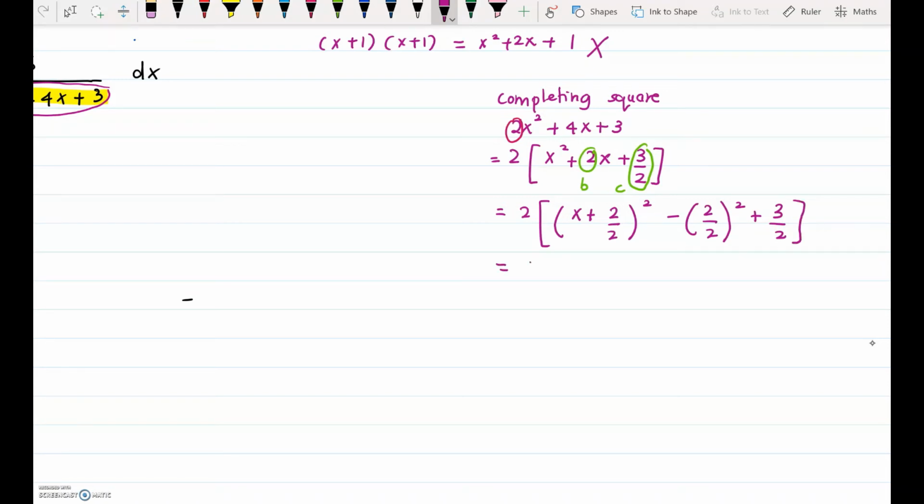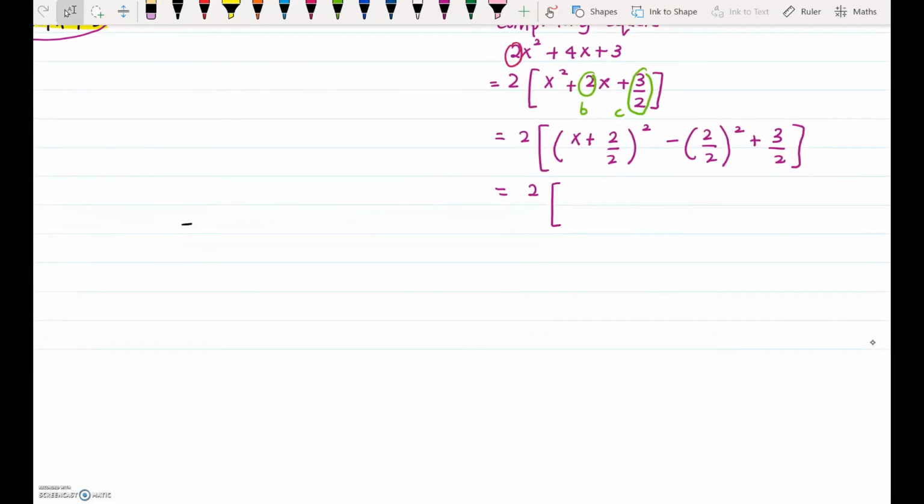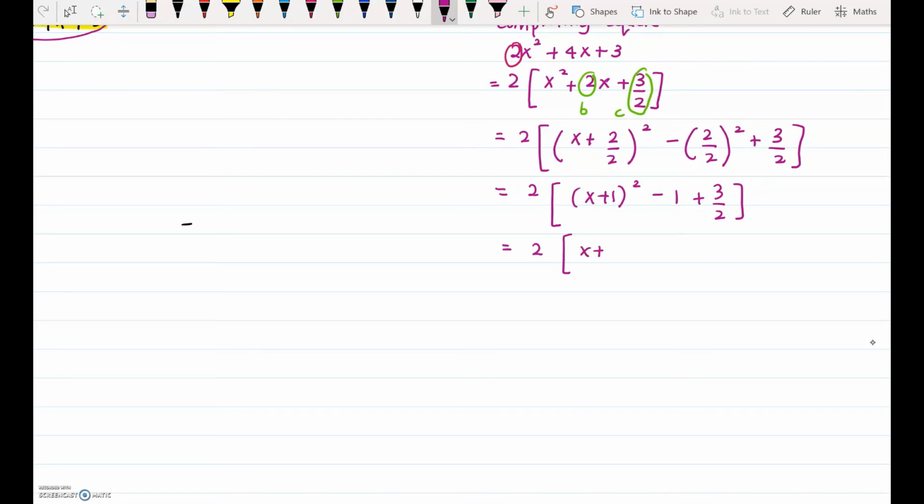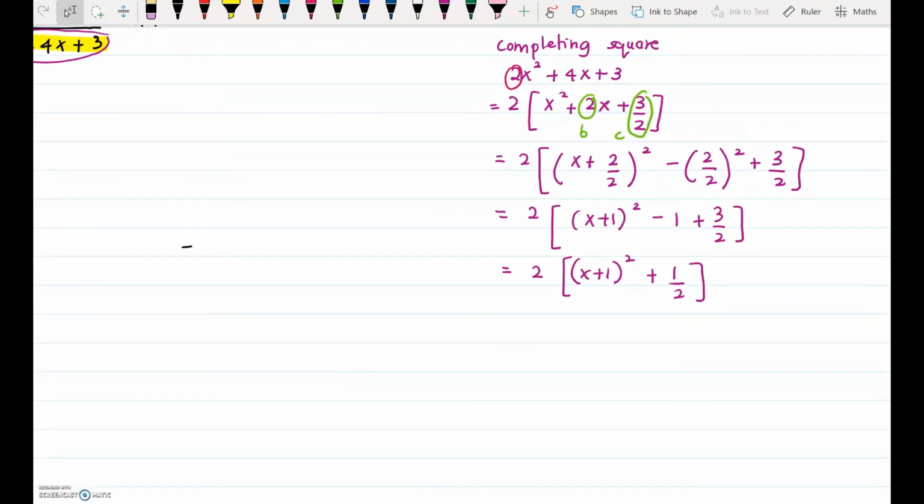And you will get the answer 2 times x plus 1 squared minus 1 plus 3 over 2, so 2 times x plus 1 squared plus 3 over 2 minus 2 plus 1 over 2. So this is your completing square.